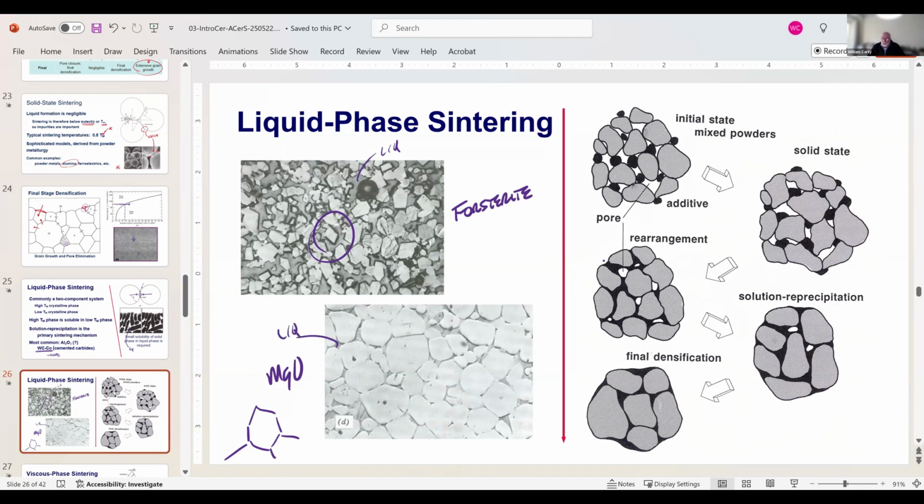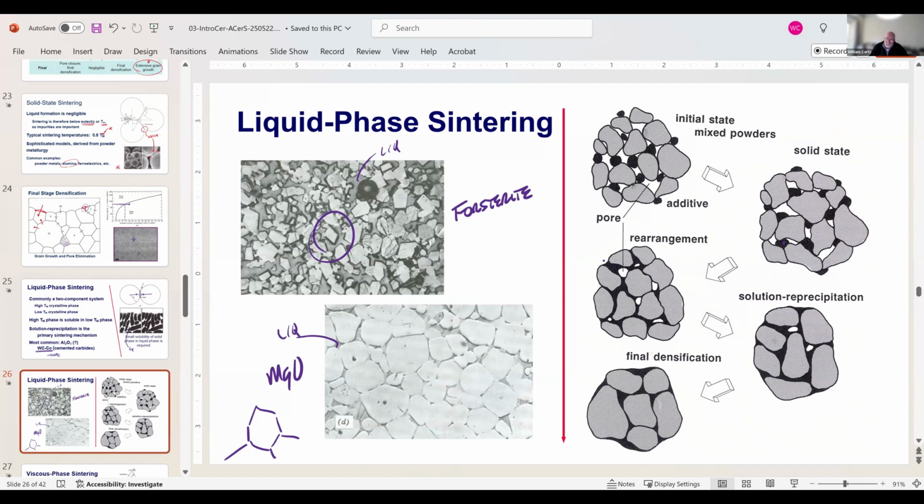Again, the cartoon version, you mix the powders together. The black powders are the liquid forming system, and the larger particles are the unmeltable system or the high melting point system. Solid state reaction, the system basically, you get a little bit of motion in the system, and then the liquid phase, the black particles melt, they form a liquid that then starts to do a solution reprecipitation process.